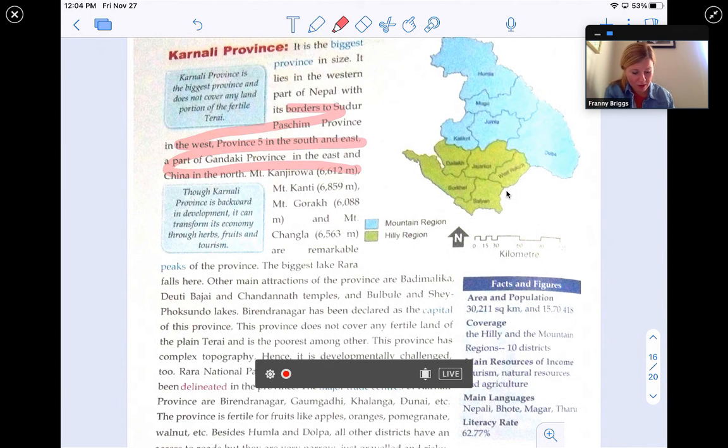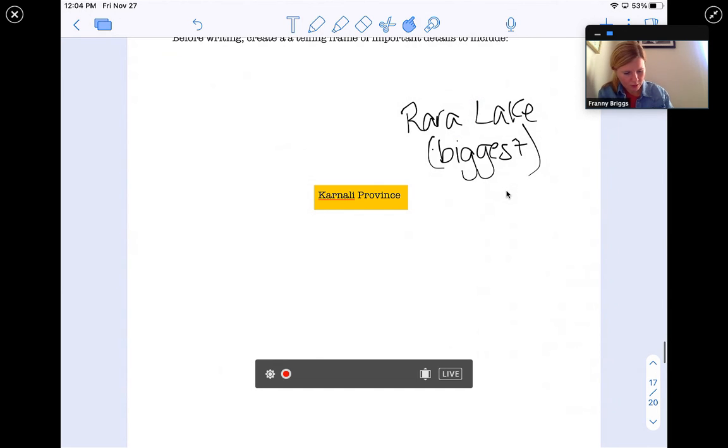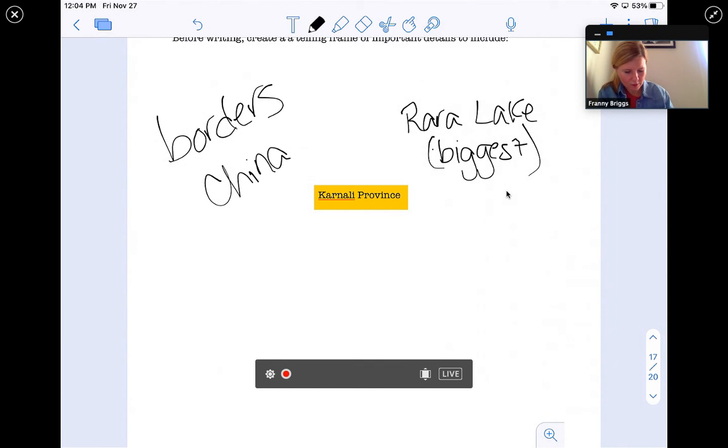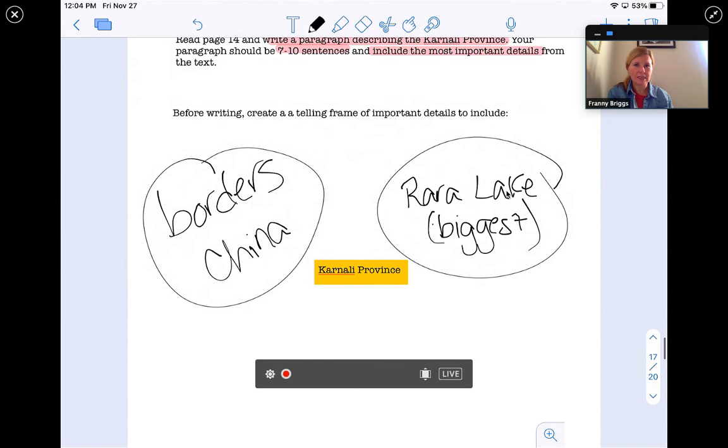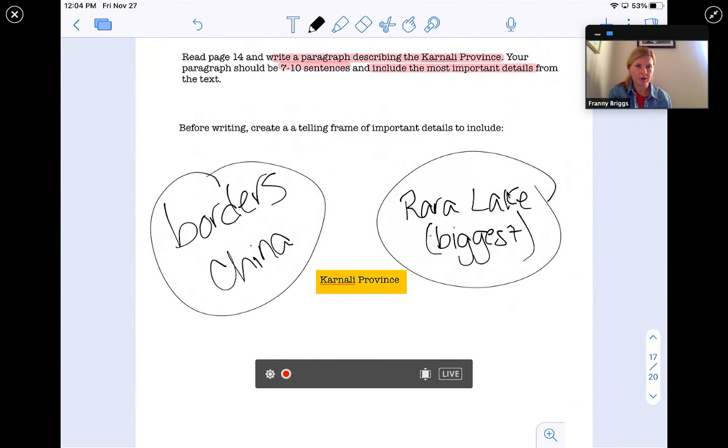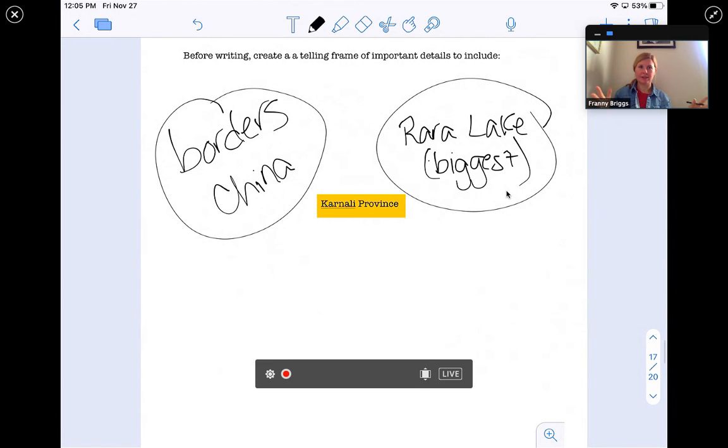I don't think so, but it does border China, and so that's kind of interesting. Maybe I'll include that. Okay, and so as the students read that page in their textbook, they'll fill out this telling frame and decide, okay, these are all the things that I want to include.